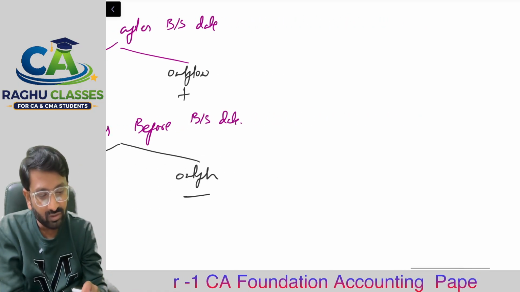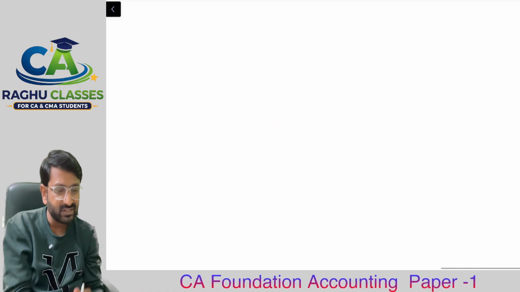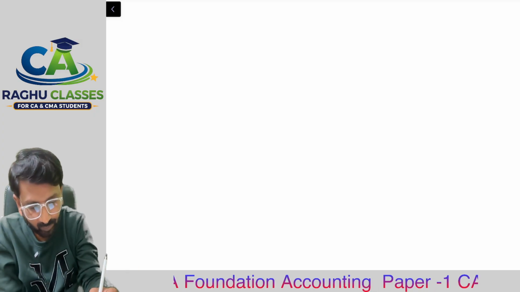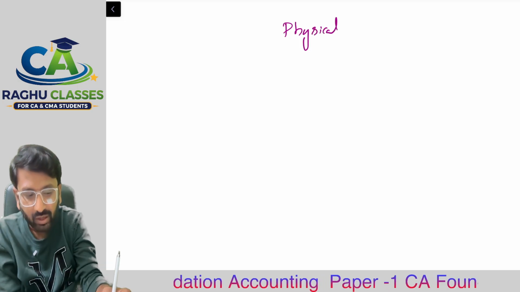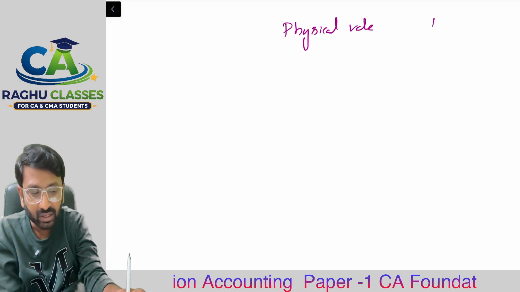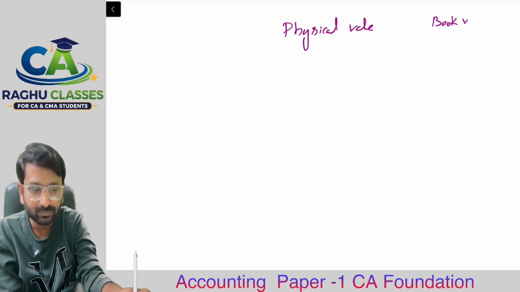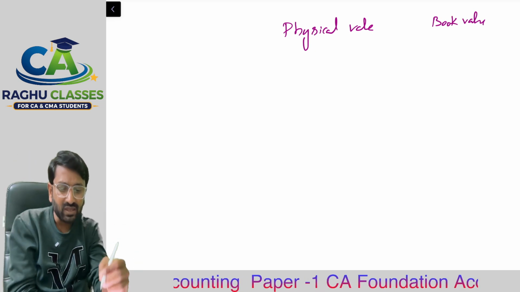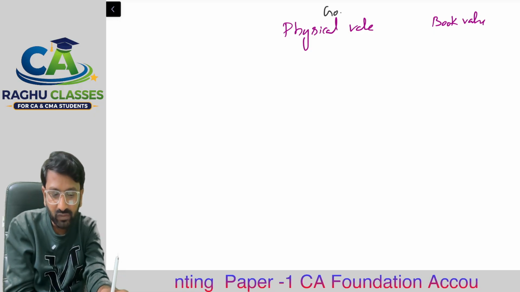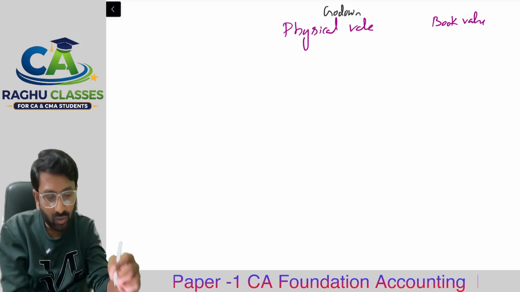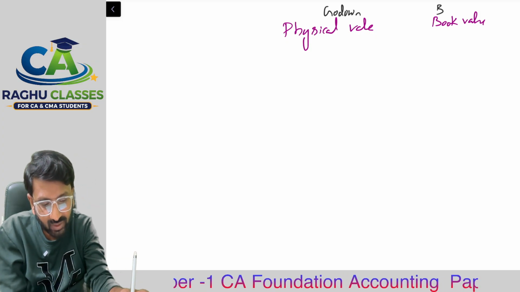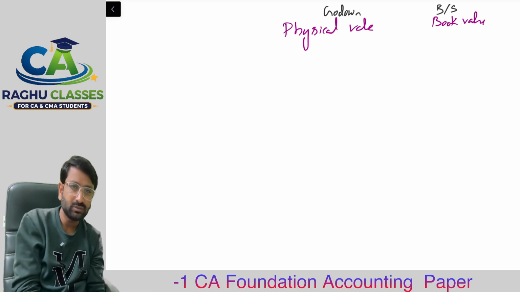And before solving the problems, there is one more concept that you need to keep in mind. That is, what is the meaning of physical value of the stock and book value of the stock? Can we say physical value is nothing but whatever stock is there in our godown? And book value of the stock is nothing but whatever I'm supposed to show in my balance sheet.